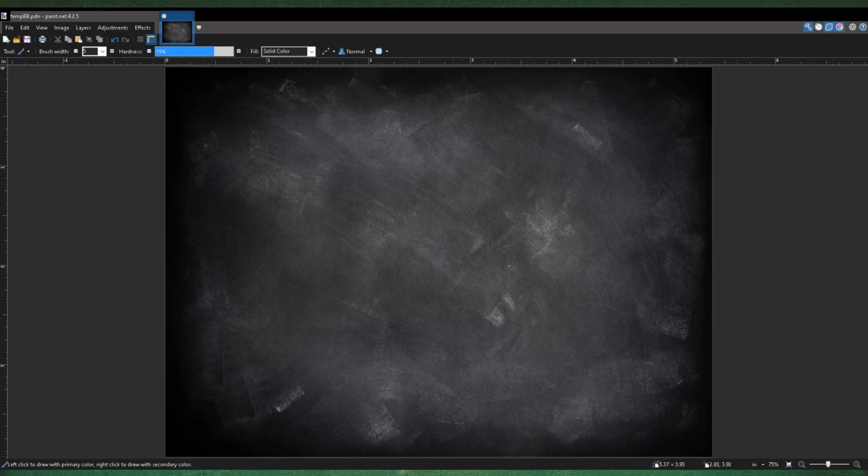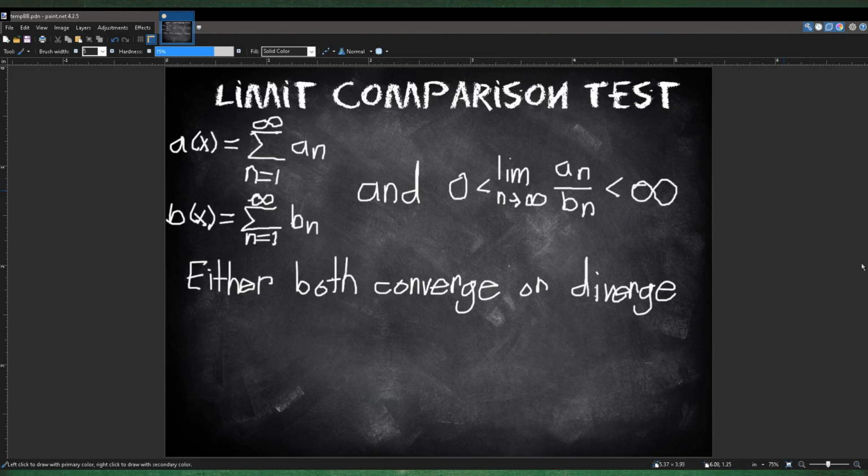Now let's move on to our fourth convergence test, which is the limit comparison test. The limit comparison test is pretty similar to the comparison test. We have two sequences. A of n is our first sequence. B of n is our second sequence. A of x is the sum of all the elements in the sequence A of n, and B of x is the sum of the elements in the sequence B of n.